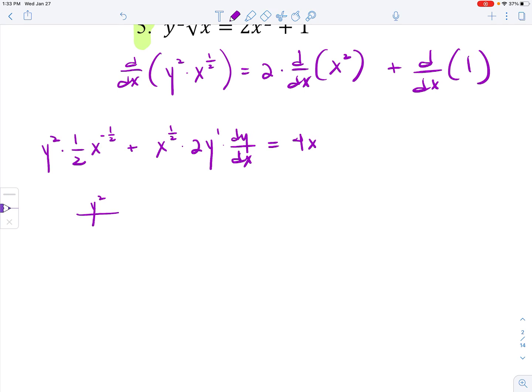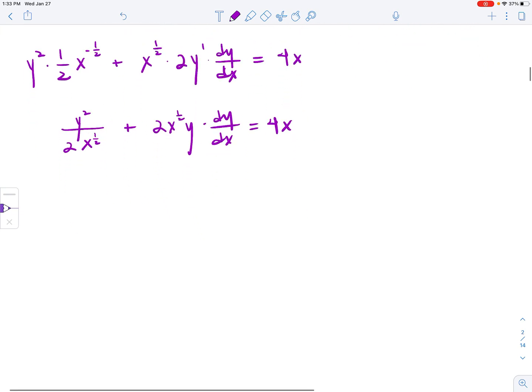So again, we are trying to move everything away from the dy over dx. First thing though, I'm going to rewrite that first product and get rid of the negative exponent. So I can write that as y squared over 2 times x to the 1/2, or if you want to write it as the square root of x, it's up to you. And then I'm just changing the order of the factors, which I'm allowed to do by the commutative property of multiplication.